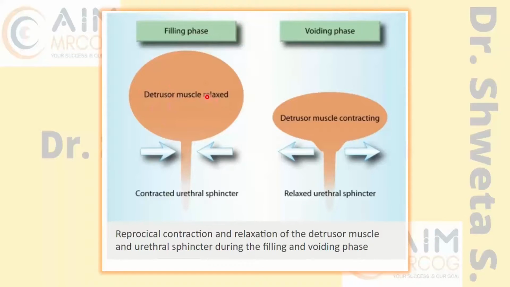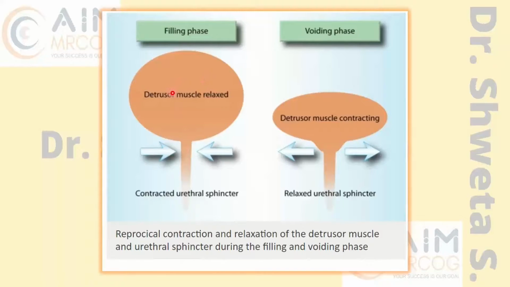And the muscle is relaxed, so there will be no contraction in the detrusor and no activity in the detrusor leading to any leak. And definitely the urethral sphincter is closing it. What is making this urethral sphincter close is the sympathetic activity. So sympathetic activity is making the sphincter close and the detrusor muscle is relaxed in the filling phase. So the parasympathetic and the pontine micturition center are not working. Only sympathetic activity is closing the sphincter.